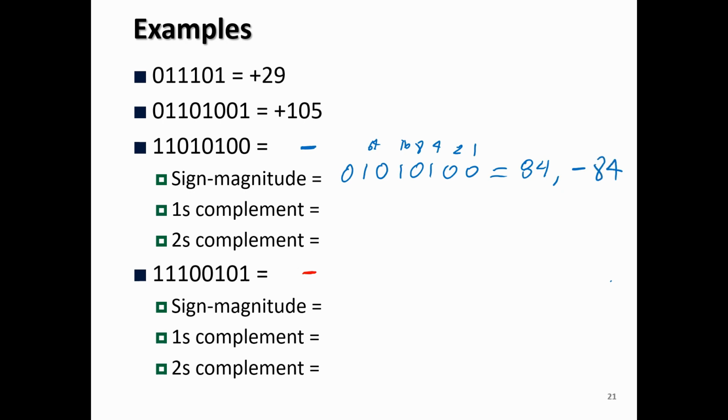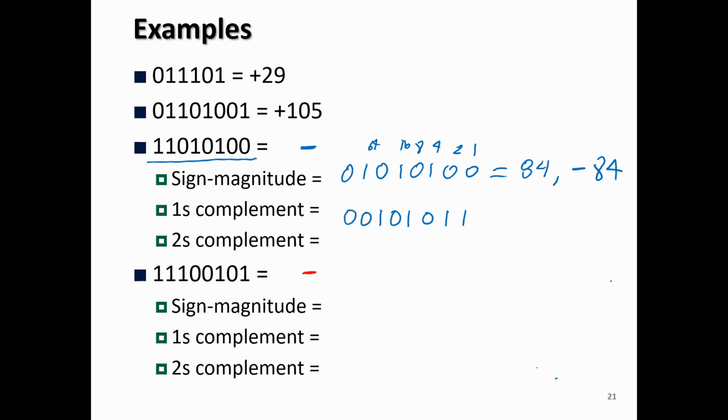Okay, so what about the ones complement? The ones complement, we're gonna invert each of the bits. Okay, so each of the bits of our original question, okay, not the sign and magnitude. So that's a 1, 1, 0, 1, 0, 1, 0, 0, 0, 1, 0, 0.